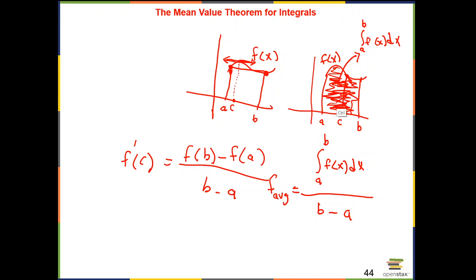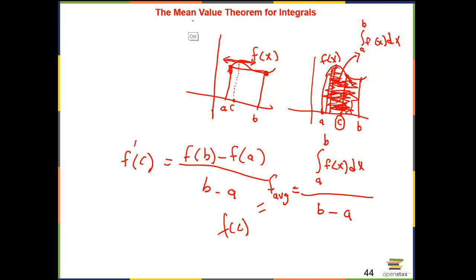The function has many function values at different x values. The one that is the average of all of them is given by f of some number between a and b, such that f at c equals f average, which is this.